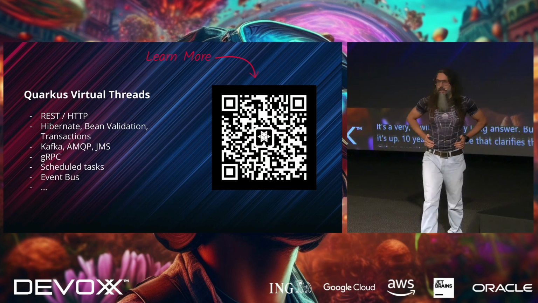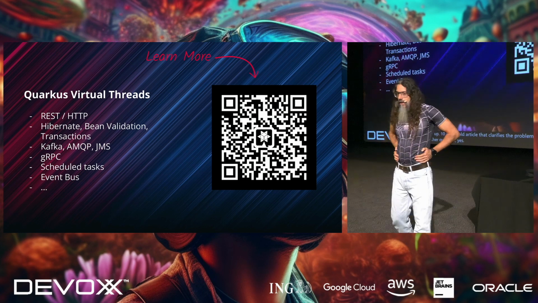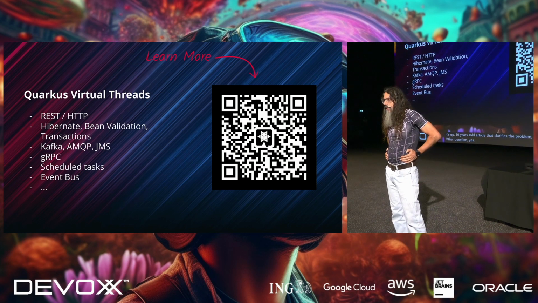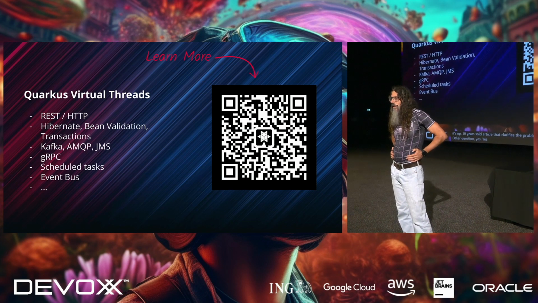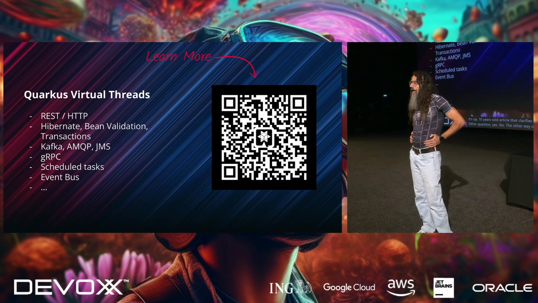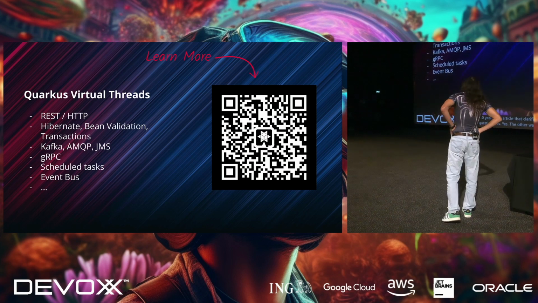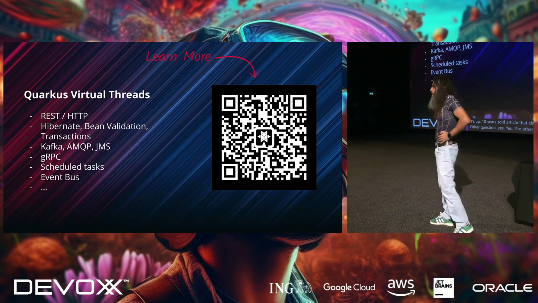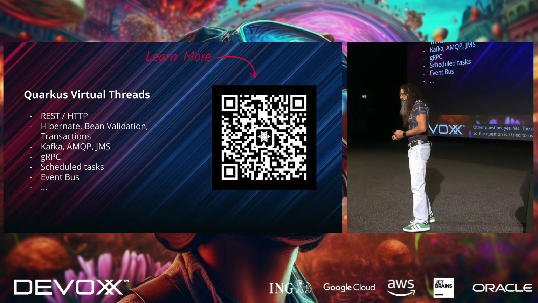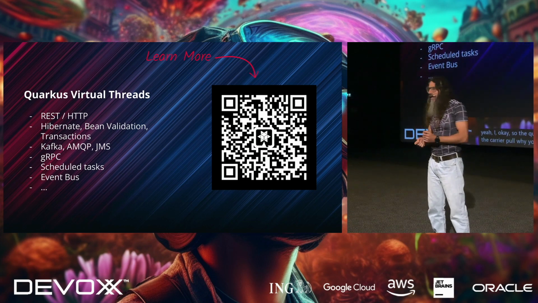Other question, yes? So you tried to override the virtual carrier pool by the event loop pool. But have you tried the other way around, to use the carrier pool as the event loop pool? So the question is, I tried to use the event loop as the carrier pool, why am I not doing the opposite?